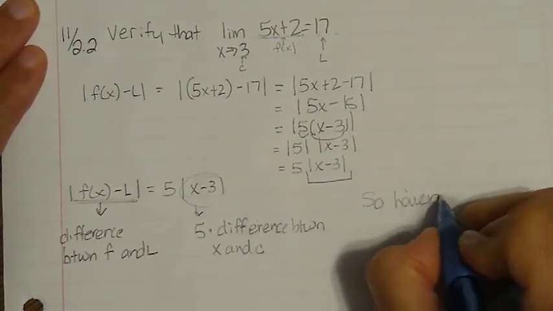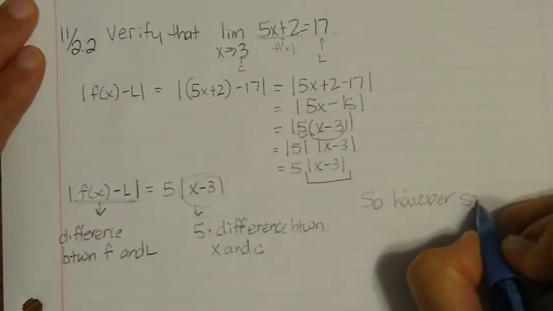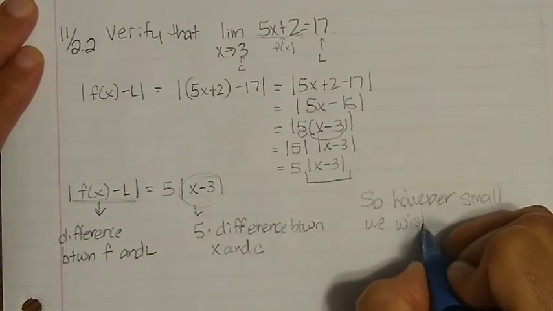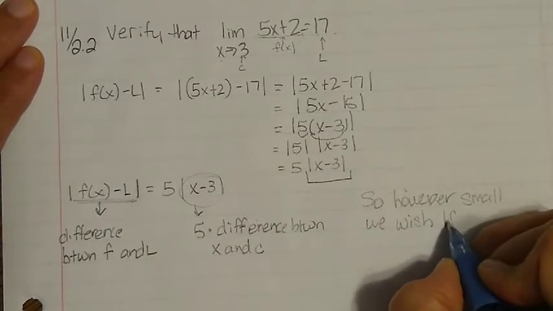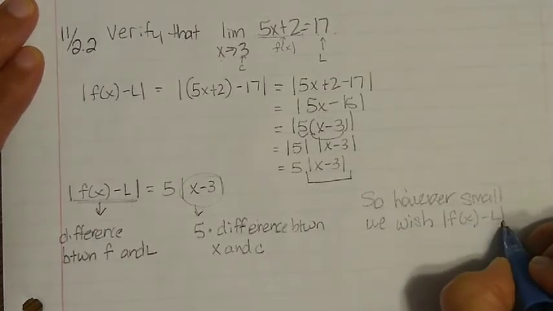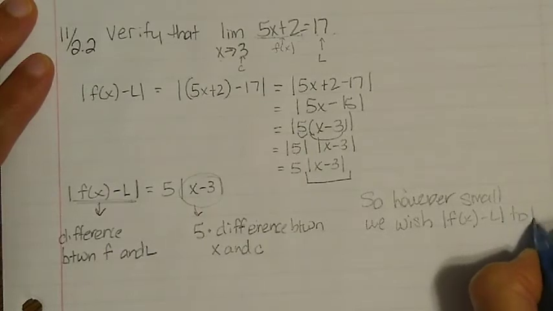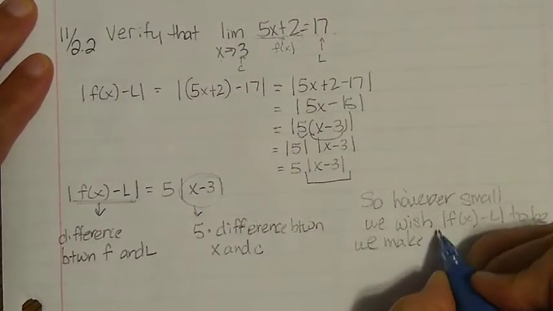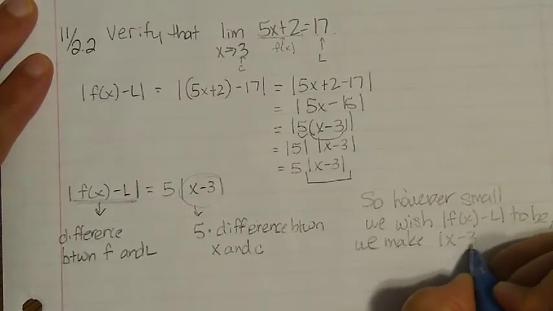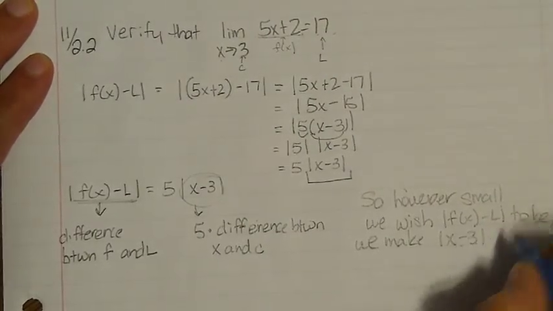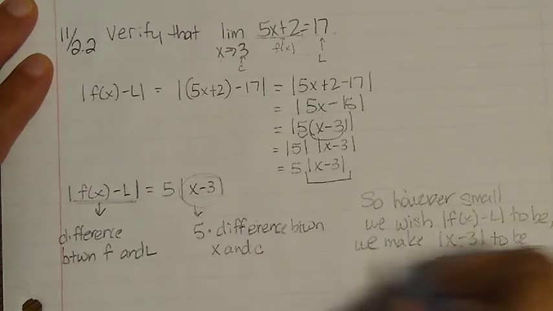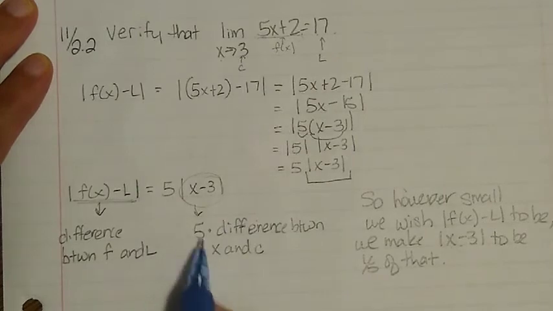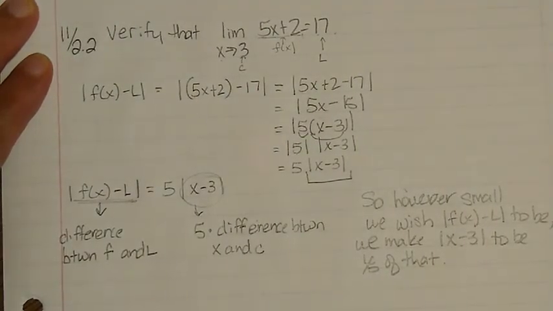However small we wish the difference between the function and the limit to be, we make x minus 3, the difference between x and 3, to be 1/5 of that. That'll compensate for that factor of 5.